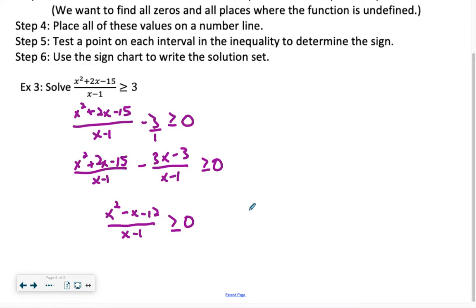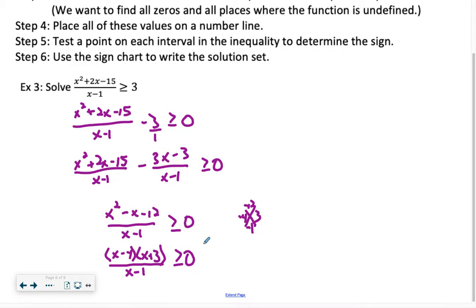In this case, I could factor the numerator. So that would be two numbers that multiply to negative 12 that add to negative 1. So I think negative 4 and positive 3 would do the trick. So my numerator here would be x minus 4 times x plus 3. And then my denominator is x minus 1.